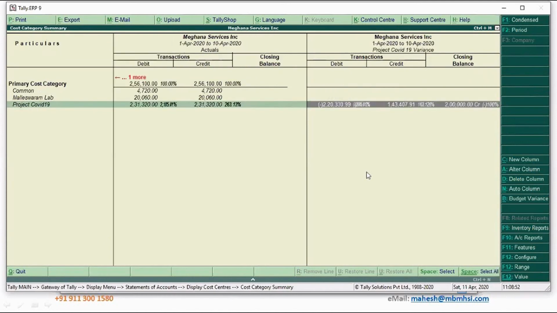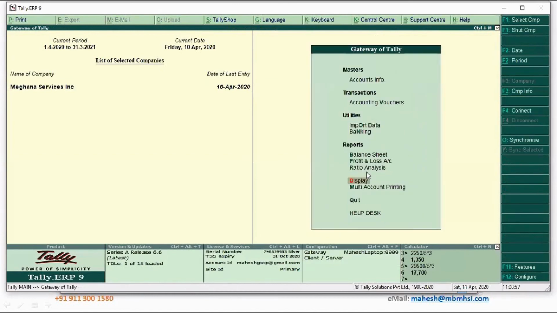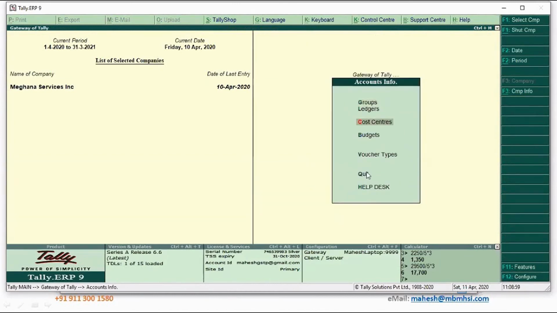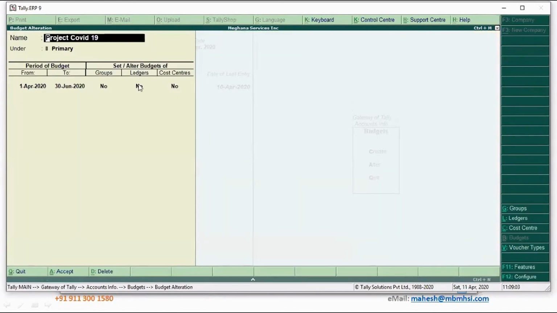Okay, so this is one way of looking. The second way of budget classification is I could go here to budgets. Now I want to give a breakup at the ledger level. Like, for example, we said there are sales and marketing expenses. I'm not running only the COVID project, right? I'm running multiple projects.